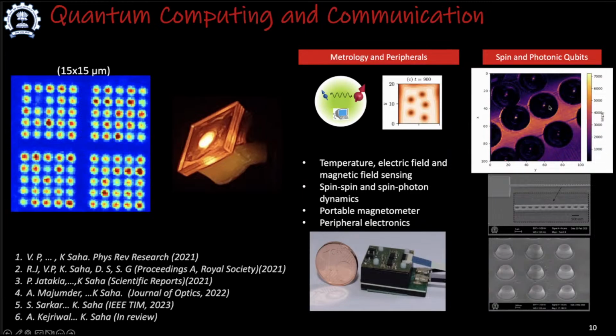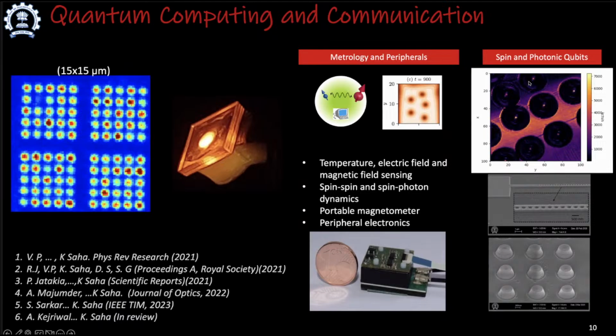Here we work on silicon vacancies in diamond, which are single photon sources at 742 nanometers. You can see the sources are right in the center of these photonic crystal structures.